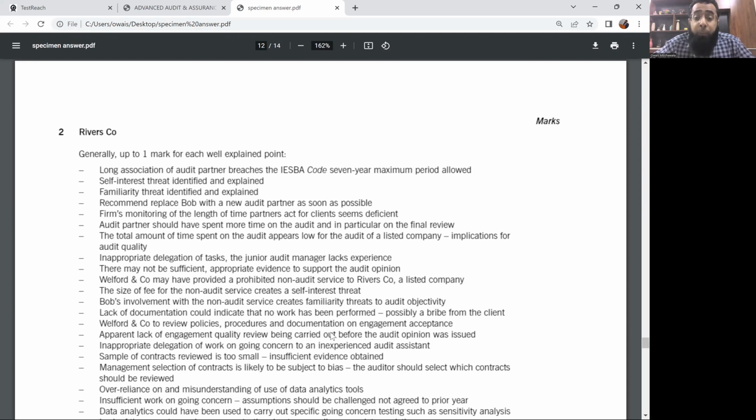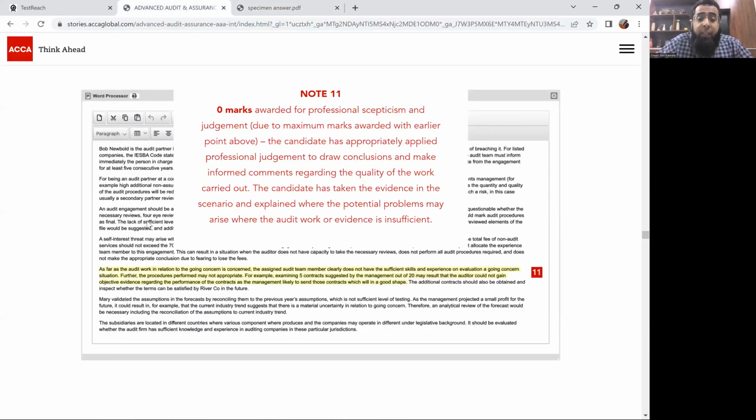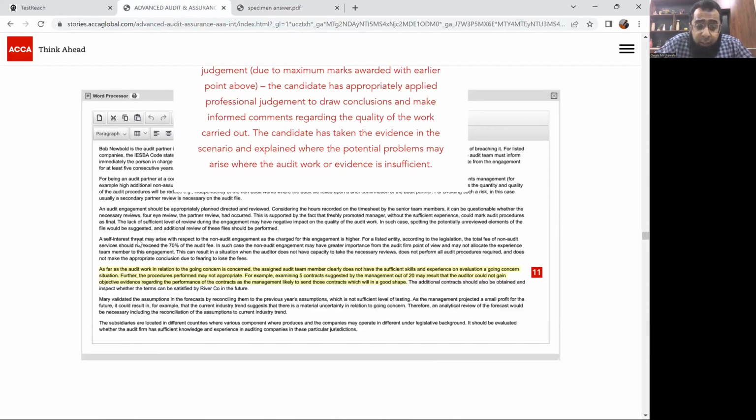We wrote this point also. So if you look at the candidate one answer, he's getting good marks, despite missing some technical marks, despite not covering the entire marking scheme. But through candidate one answer, what you need to understand is that in just a small paragraph, like 4 lines, he got 2 marks.